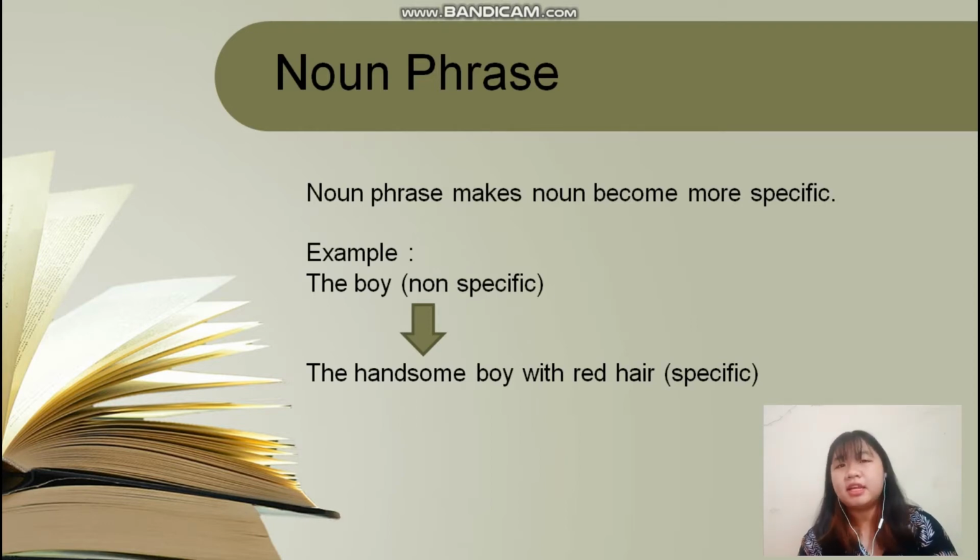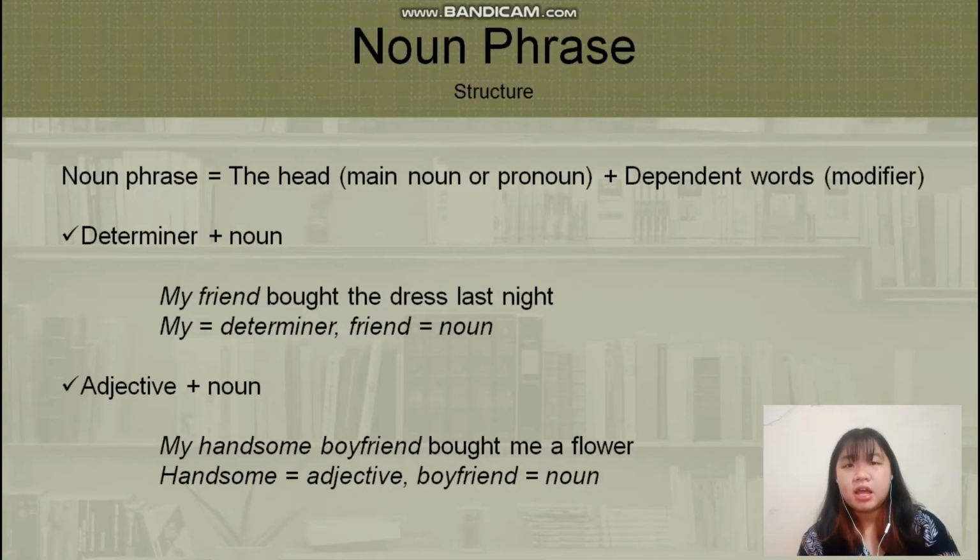And next is the structure of noun phrase. A noun phrase consists of a noun or pronoun, which is called the head or main noun or pronoun, and any dependent words, modifiers before or after the head.